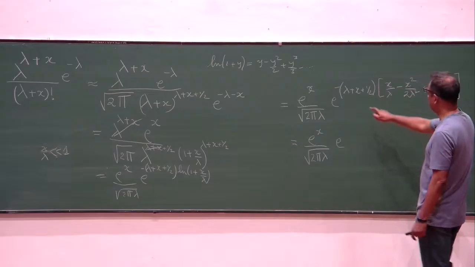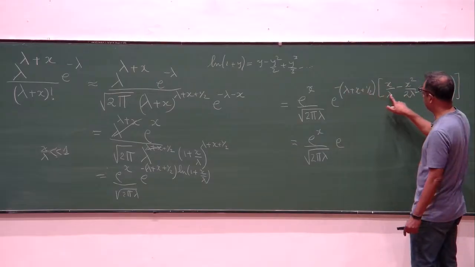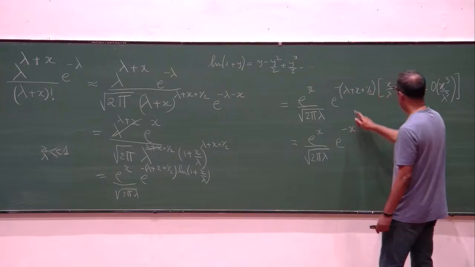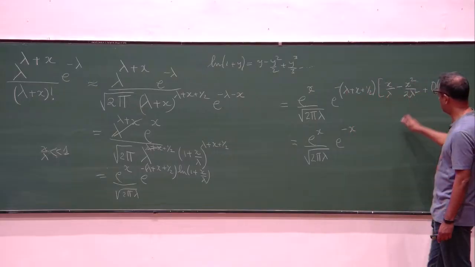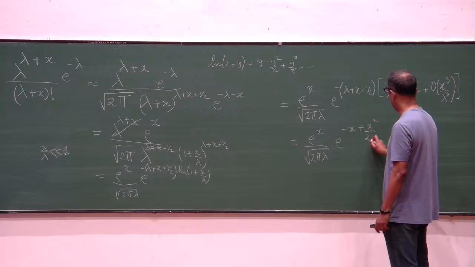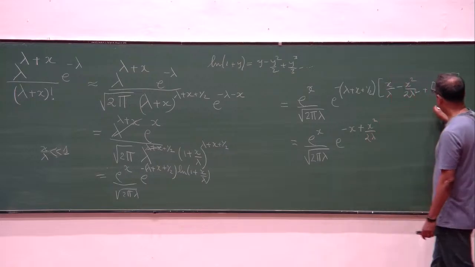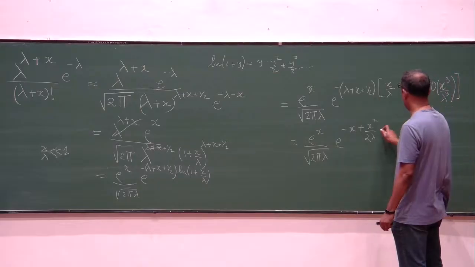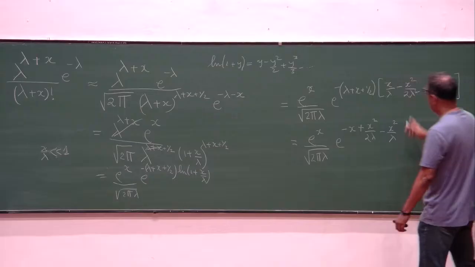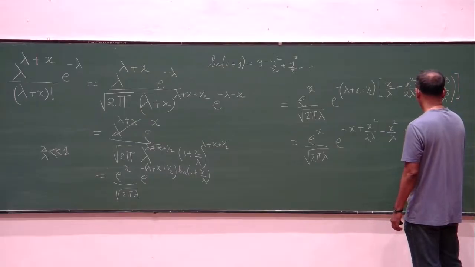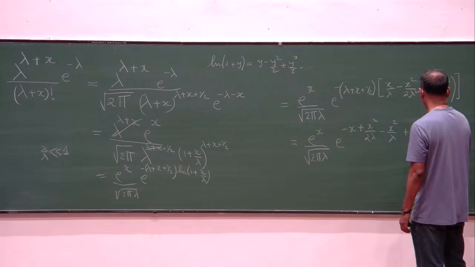now the first term: I multiply lambda with this, I get minus x, then minus lambda into plus this one, so plus x squared by 2 lambda, then nothing more, plus x squared, minus x squared by lambda, plus order x cubed by lambda squared.